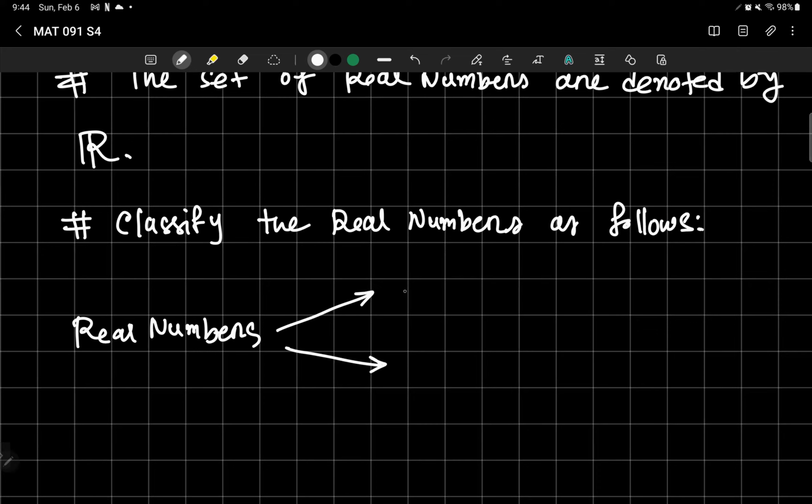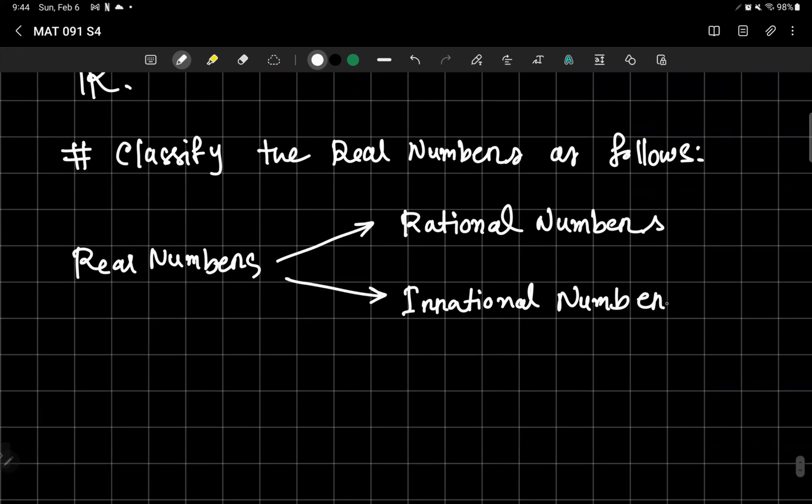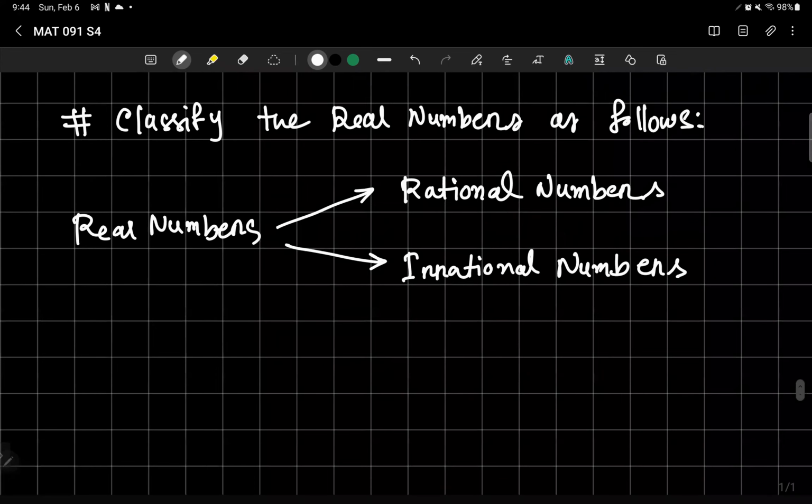There are two main categories, known as rational numbers and irrational numbers. So let me define what is a rational number and what is an irrational number.